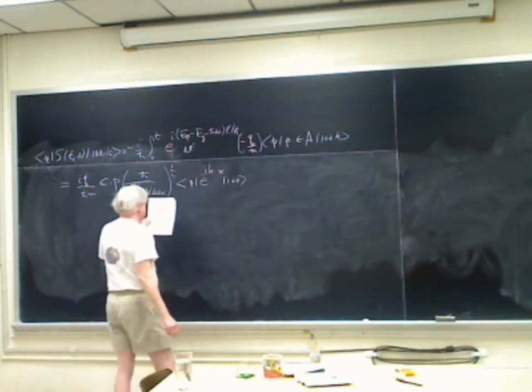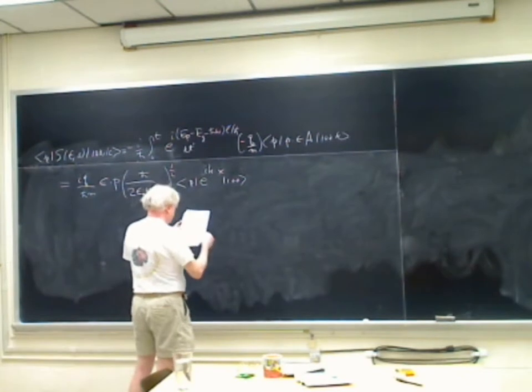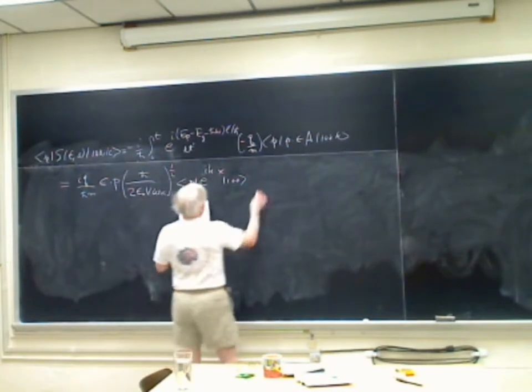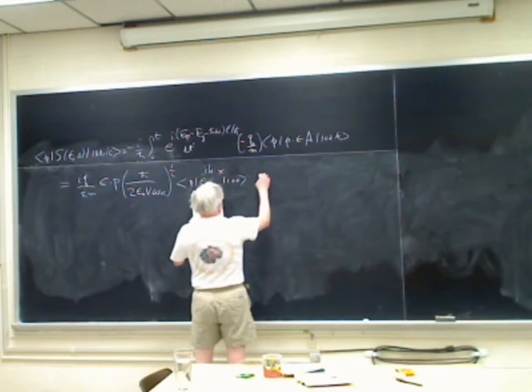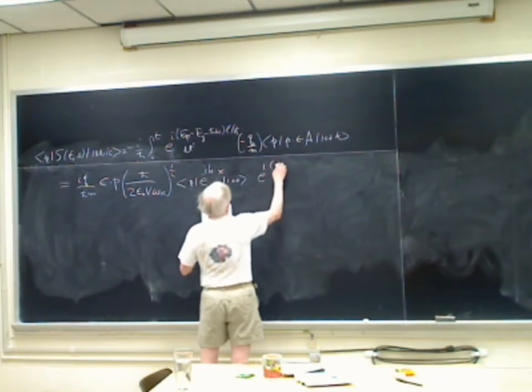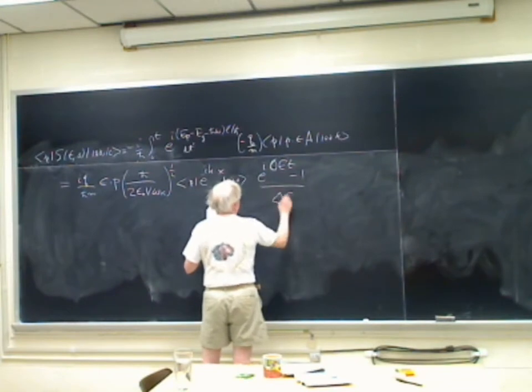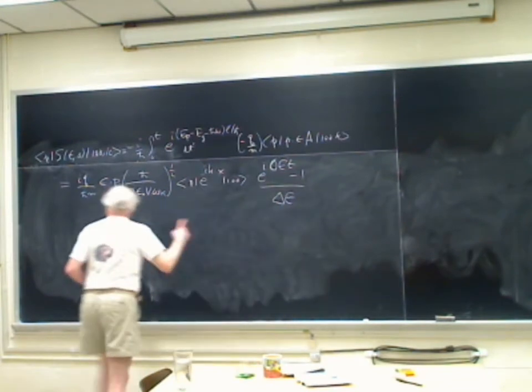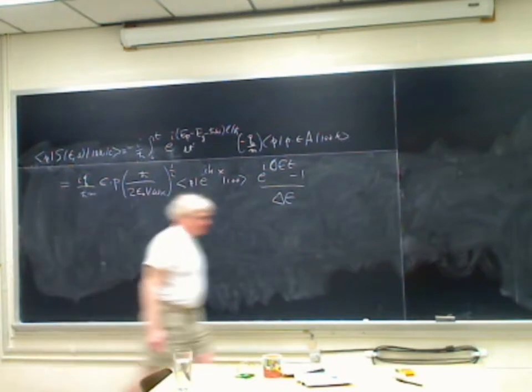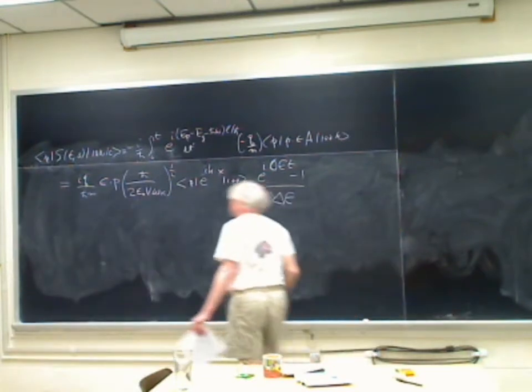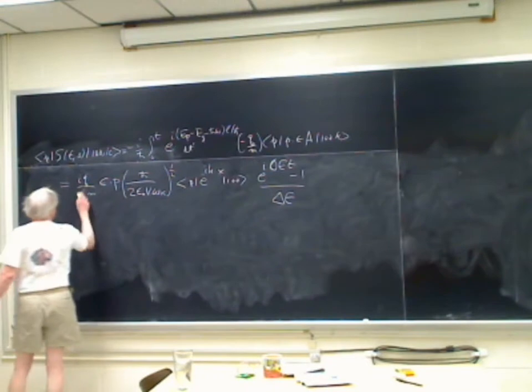We've gotten rid of k, and the time integral here is e to the i delta E t minus 1 over delta E. But when we do that, we cancel the i over h bar.